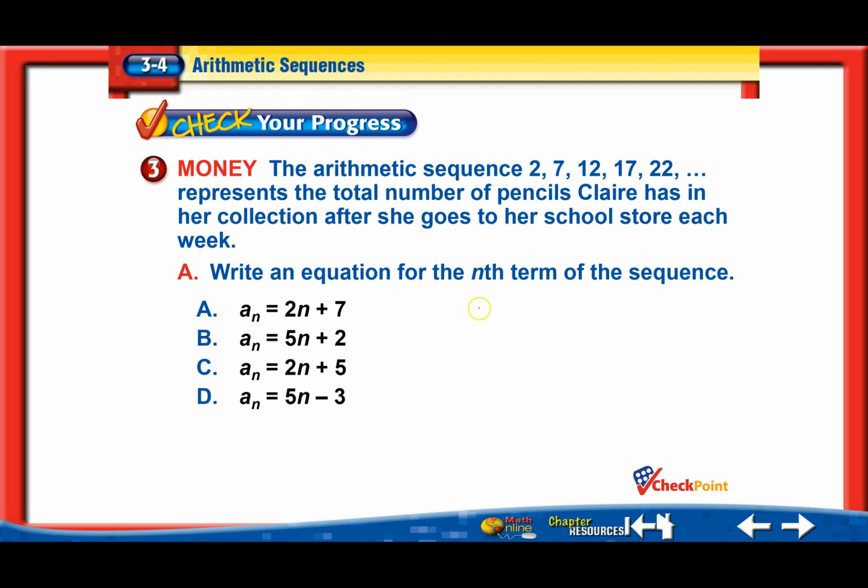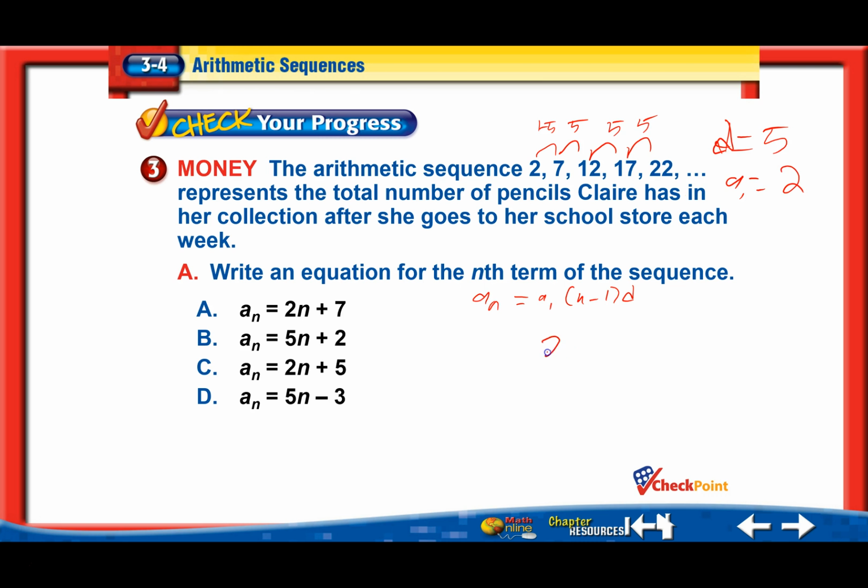So our equation was a to the nth equals a1 plus n minus 1 times the difference. Our difference looks like plus 5, plus 5, plus 5, plus 5. They didn't change, so D is 5, and A1 is 2.